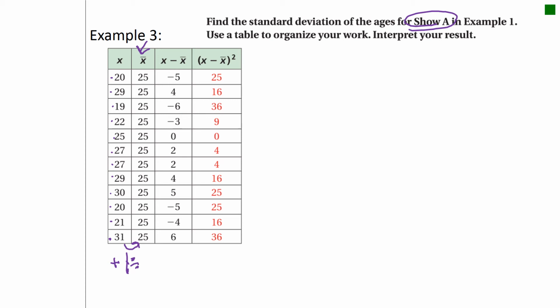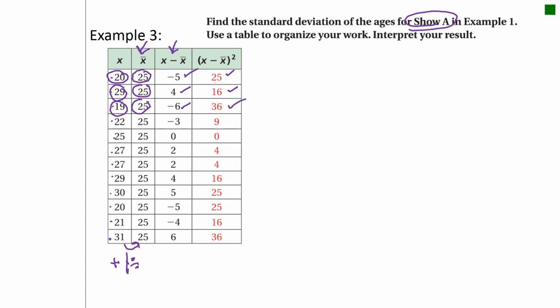To find the next value, X minus X bar, we took X, 20, minus 25, which is negative 5. We do this for each data point: 29 minus 25 is 4, 19 minus 25 is negative 6. Now we square it: negative 5 times negative 5 is 25, 4 times 4 is 16, negative 6 times negative 6 is 36.